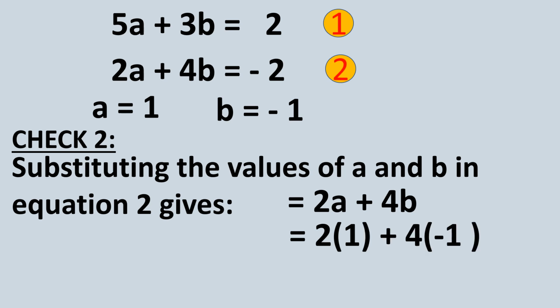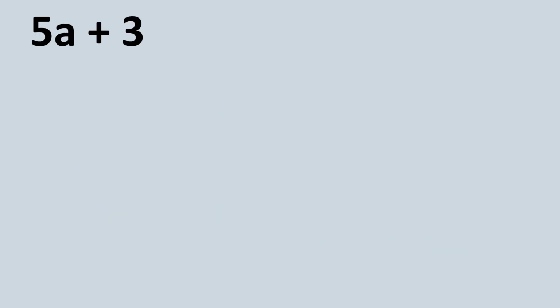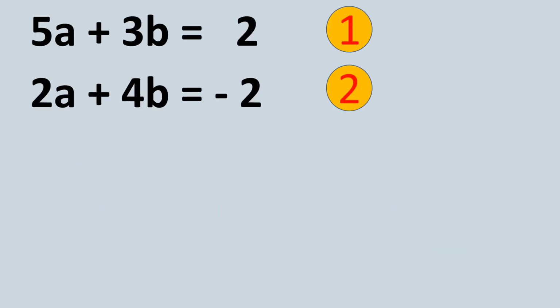So 2 into 1 plus 4 into minus 1. So we have 2 minus 4, and 2 minus 4 is minus 2. So our solutions, a is equals to 1 and b is equals to minus 1, satisfy both equation 1 and 2. Therefore, our answer, a is equals to 1 and b is equals to minus 1, are both correct in this elimination method. Thank you.